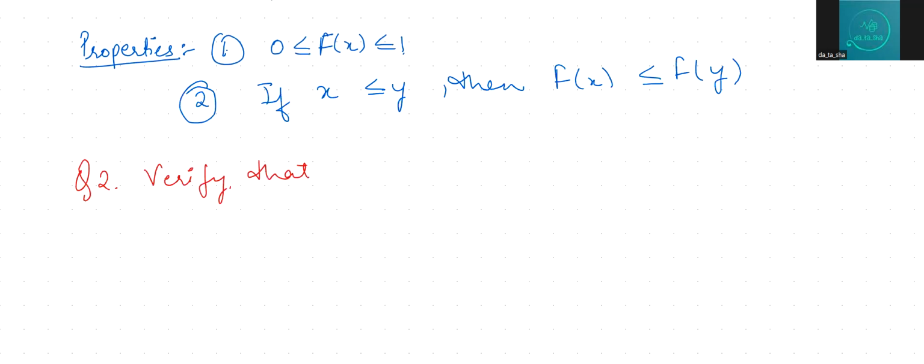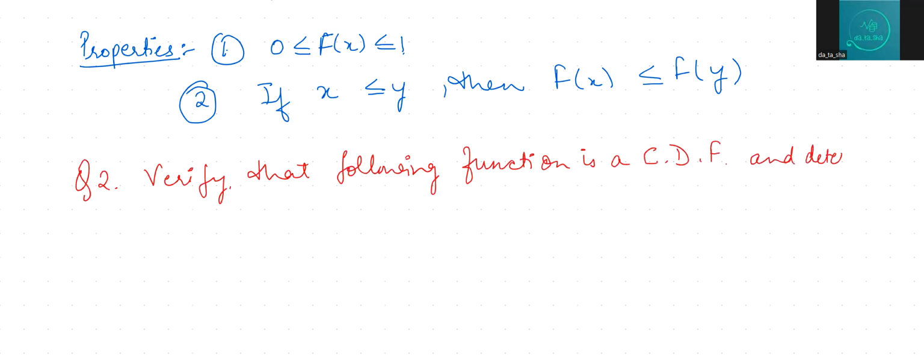Verify that the following function is a cumulative distribution function, and determine the probability mass function where the required probabilities are given.